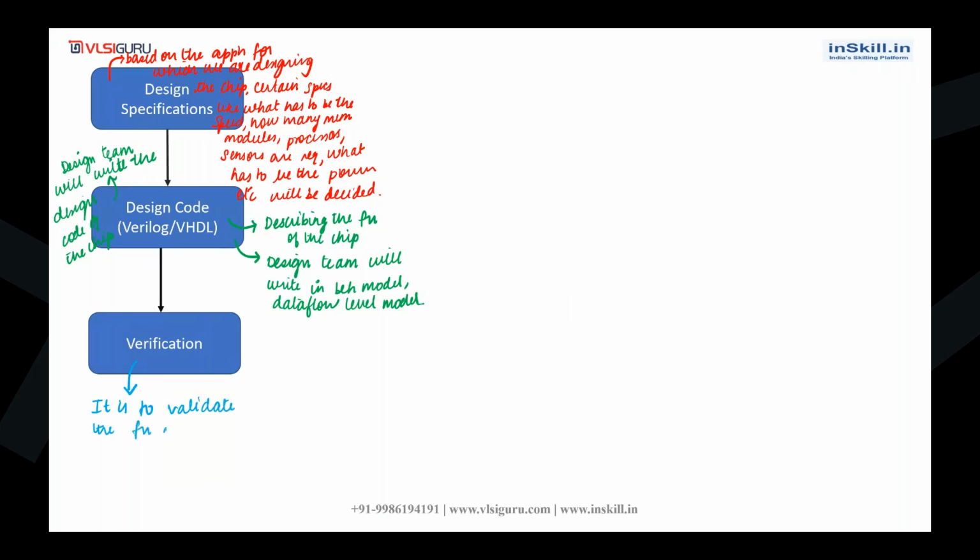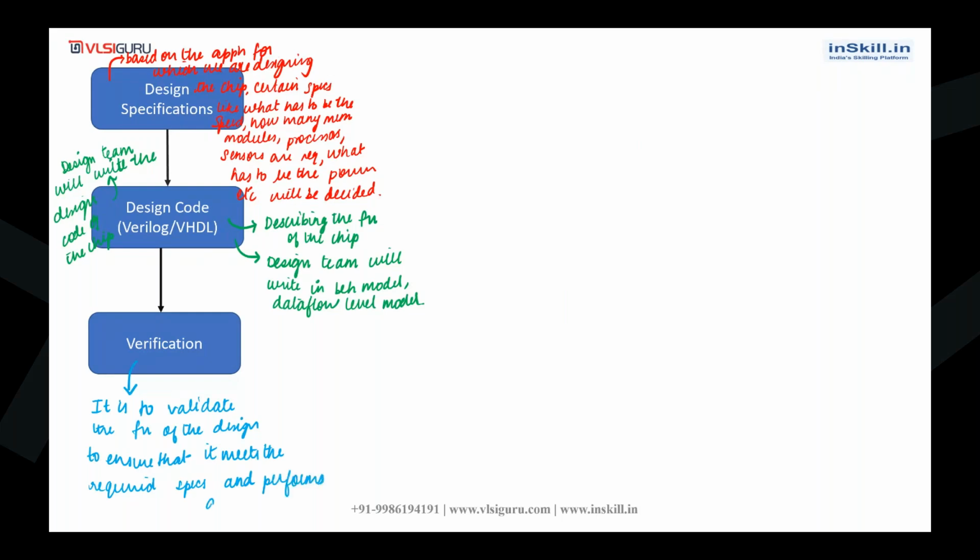It is to ensure that the design meets the required specification and performs as intended.